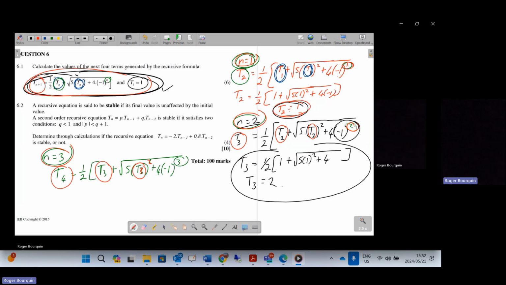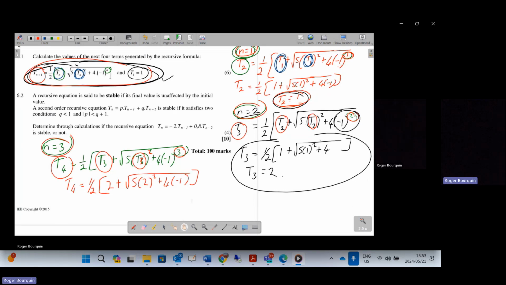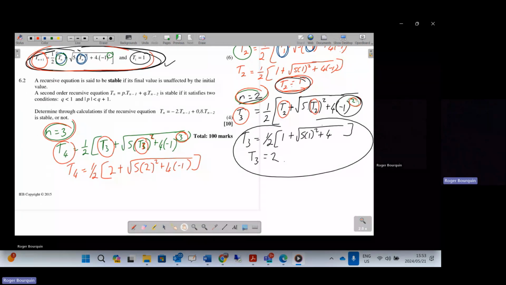We know that term 3 is equal to 2, so I get term 4 is equal to a half times term 3 plus the square root of 5 times 2 squared plus 4, times minus 1 cubed, which is just 4 times minus 1. So 20 minus 4 is 16, square root of 16 is 4. And 4 plus 2 is 6, 6 times a half should give us a value of term 4 equal to 3.